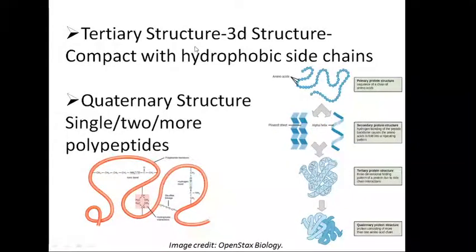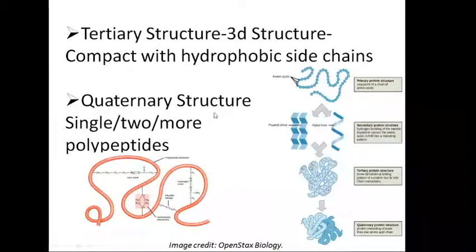The tertiary structure refers to the overall three-dimensional structure that is produced due to the hydrophobic interaction, or the electrostatic interactions or the hydrogen bonds, which are all non-covalent bonds.